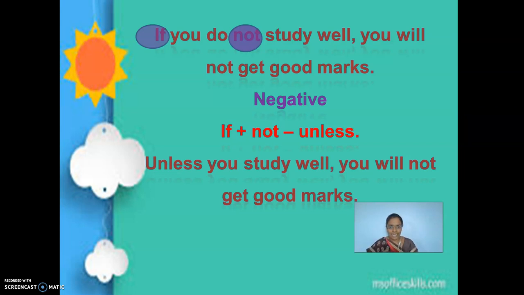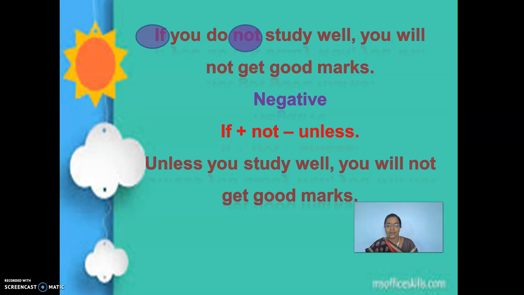One is a positive sentence and the other one is a negative sentence. And again I'll tell you, the negative sentence can be written in another form by using unless. Instead of the words if and not, you can use the word unless. Are you clear with this, children?